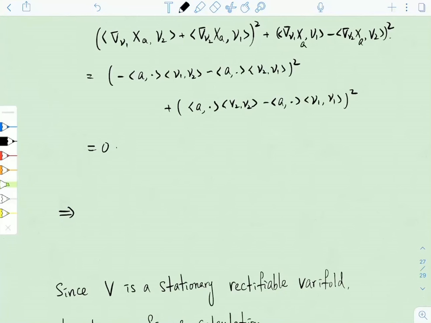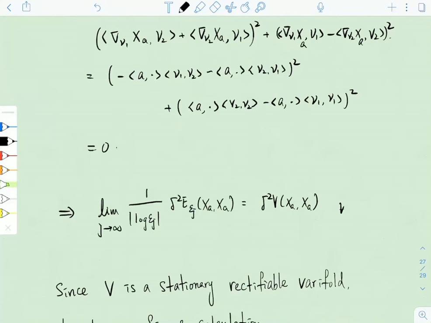Okay, but this means that the limit as j goes to infinity of 1 over log epsilon j of the second inner variation along these special vector fields coincides with the second variation of the limiting varifold along these vector fields.